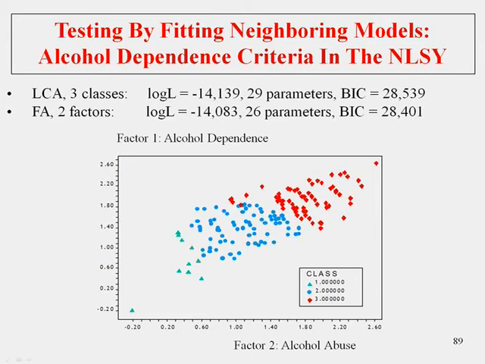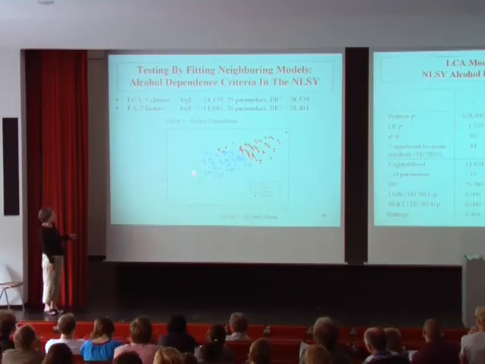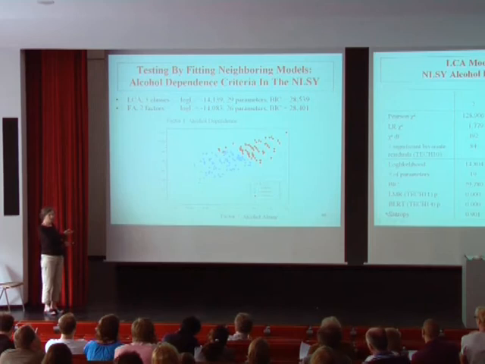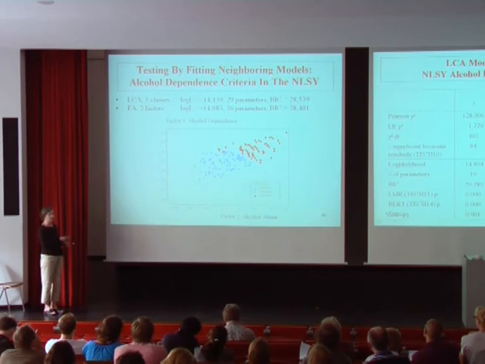And you can see that it's pretty clear the normative is lower on the factor, the abusers are in the middle, and the dependent alcohol problems have the higher factor scores. You also see that the factor scores are very highly correlated and could perhaps represent one dimension. So this is another way we could represent the data, but it doesn't have the advantage that we can actually have the cut points of how many items.